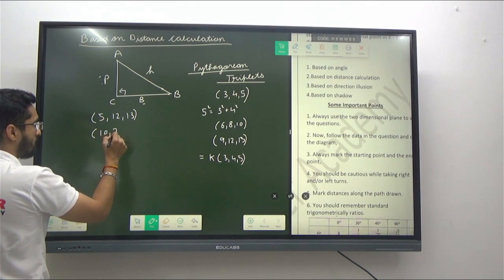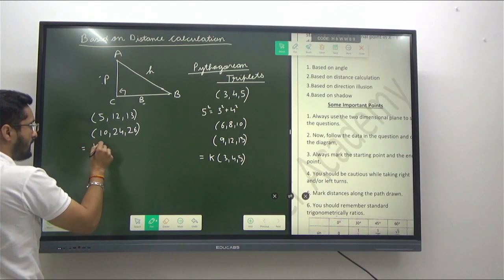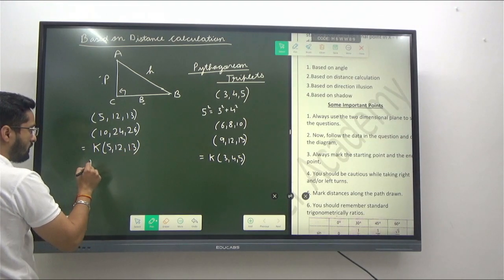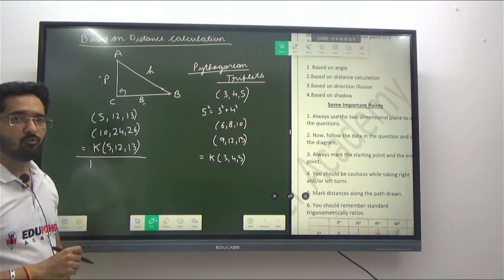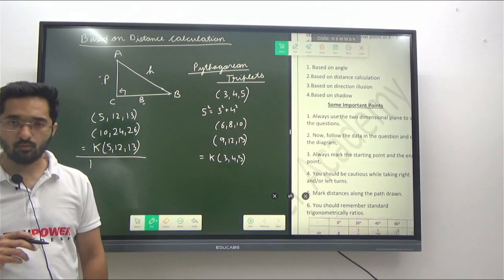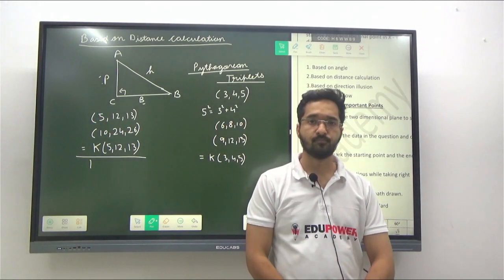For example, 10, 24, 26, that is k times 5, 12 and 13. So, this shows any multiple of 5, 12 and 13 will be following the Pythagoras theorem. Please make a note of it.